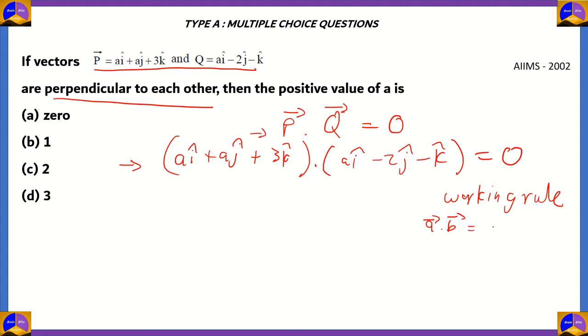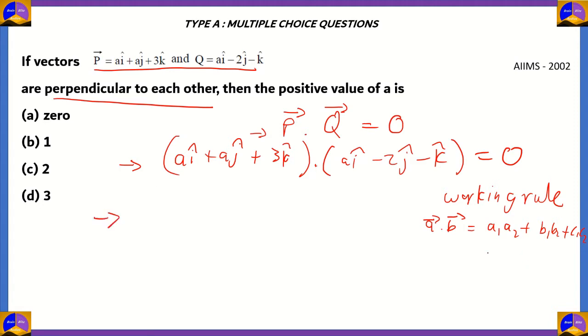the dot product of two vectors can be written down as a1 a2 plus b1 b2 plus c1 c2, where a1 and a2 represent the x components of both vectors, b1 and b2 represent the y components of both vectors, and c1 and c2 represent the z components of both vectors.